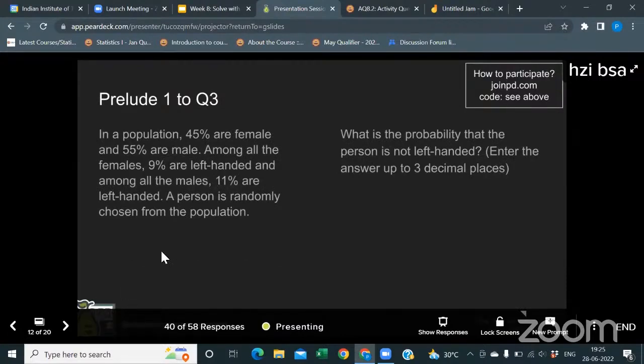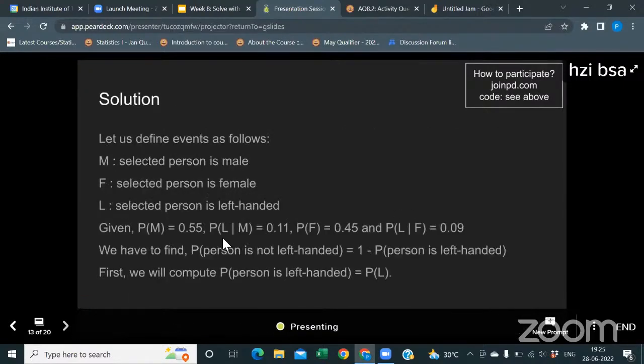That means the probability of M is 0.55 and the probability of F is 0.45. Among all the females, 9% are left-handed. That means the probability of left-handed given female is 0.09, right? Right, sir.